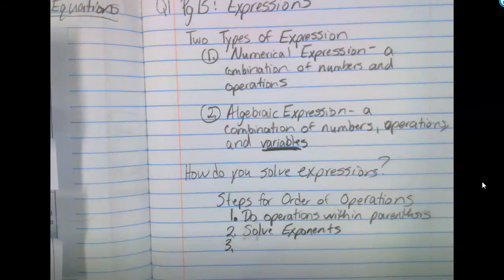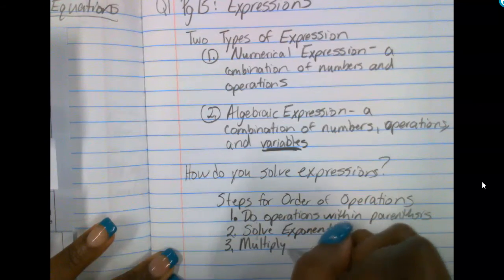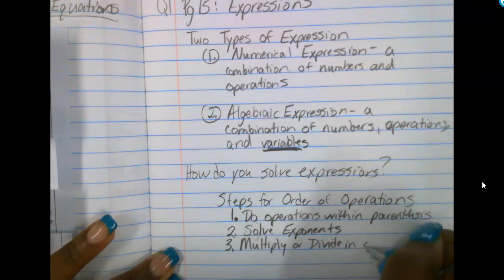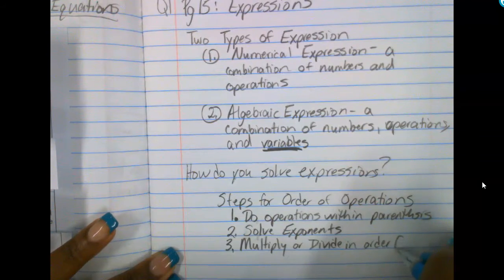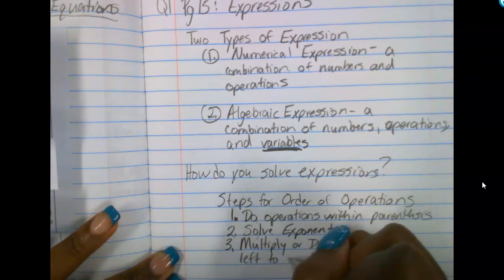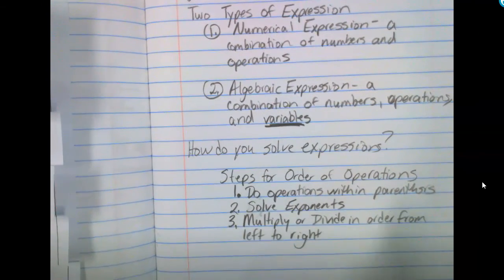Whichever one comes first in the problem, that's the one you do. Multiply or divide in order from left to right.